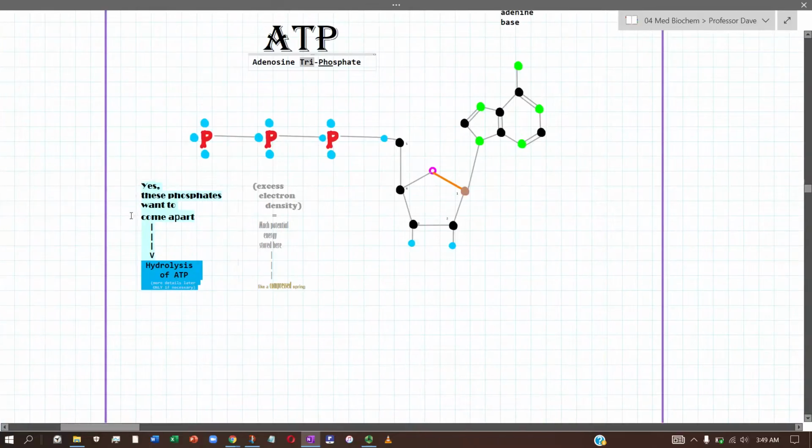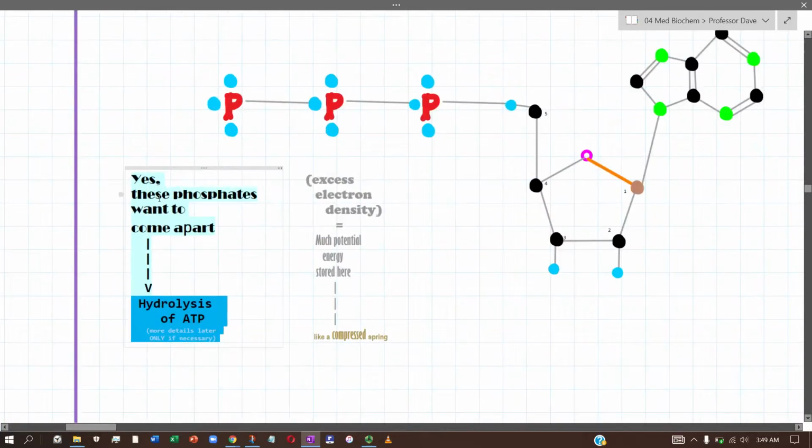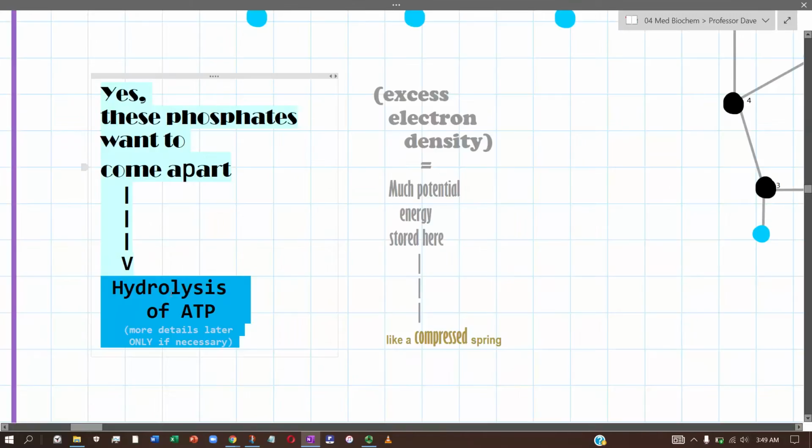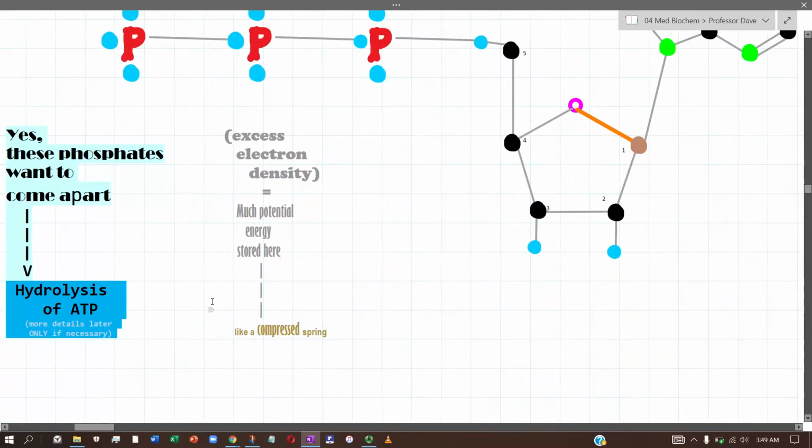So some important notes regarding ATP is that yes, these phosphates are eager to come apart. How do they come apart? Well, hydrolysis of ATP happens, and that's when they fall apart. So more details later, if necessary, for hydrolysis of ATP.